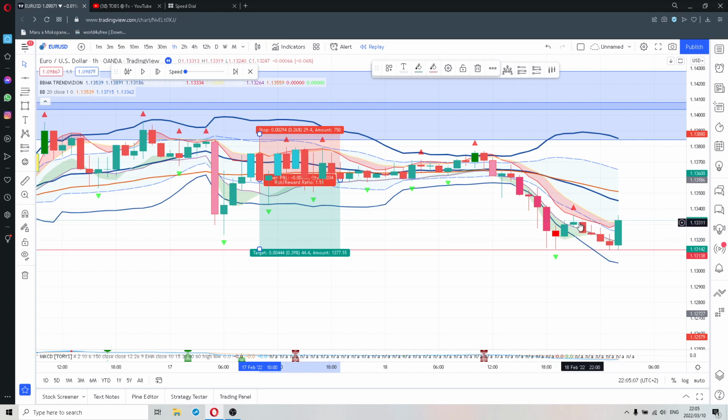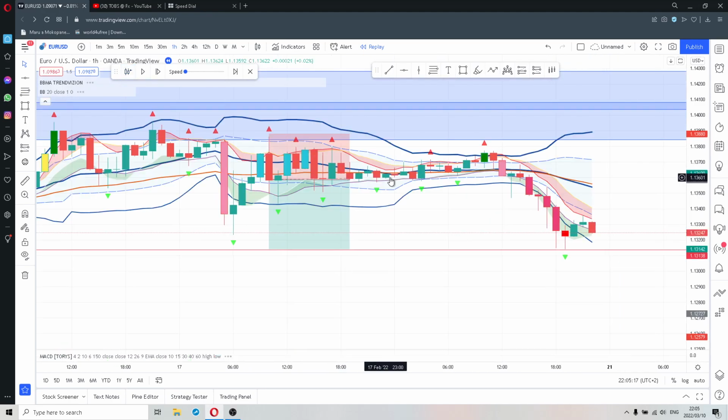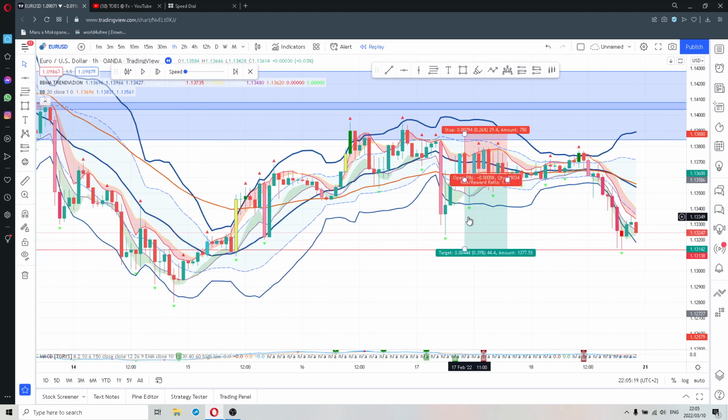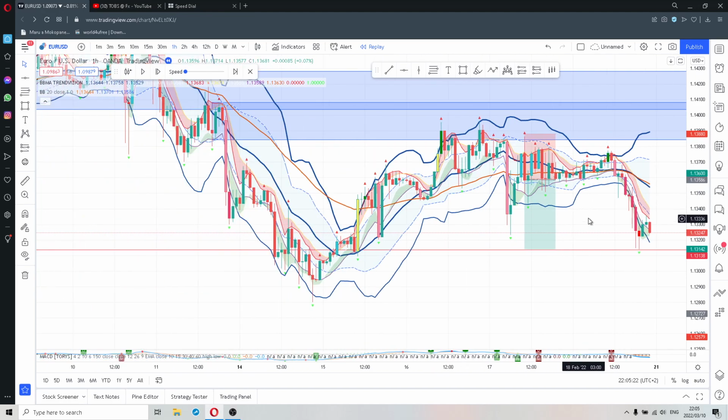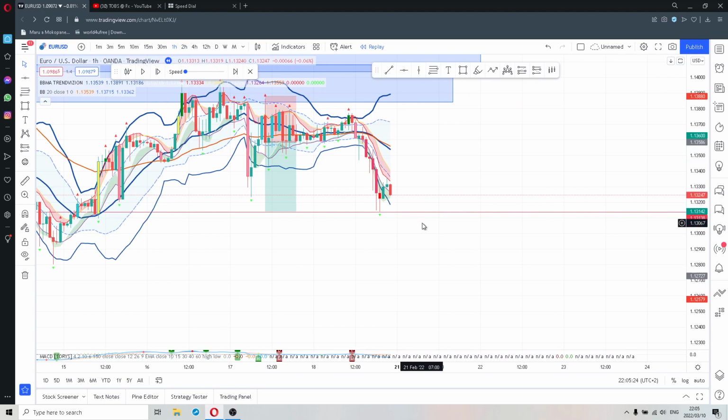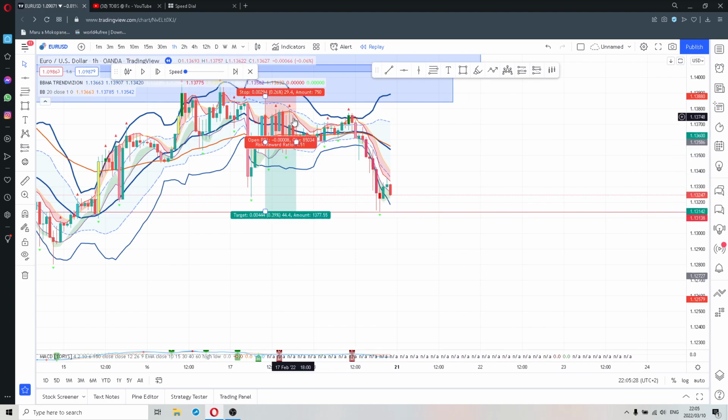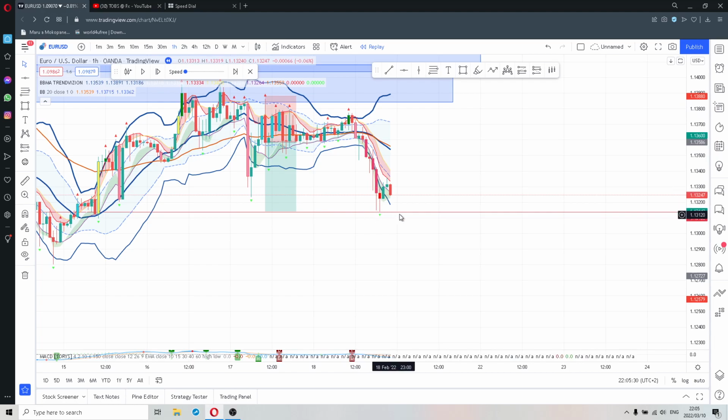So let's cut this thing there. Right. So when you are there, that would be a good trade. So you would say your market, you got re-entry, extreme, extreme.